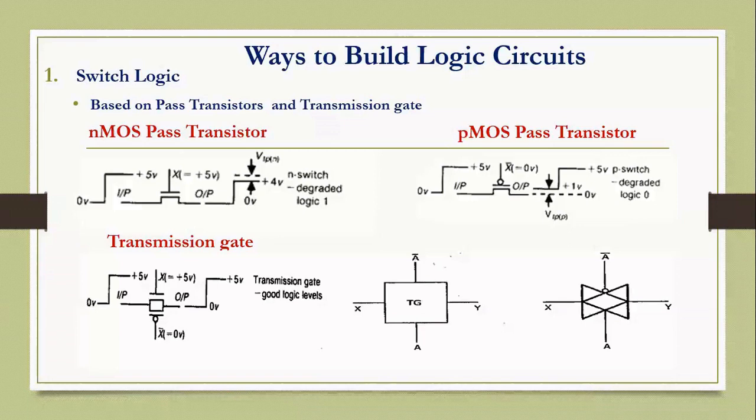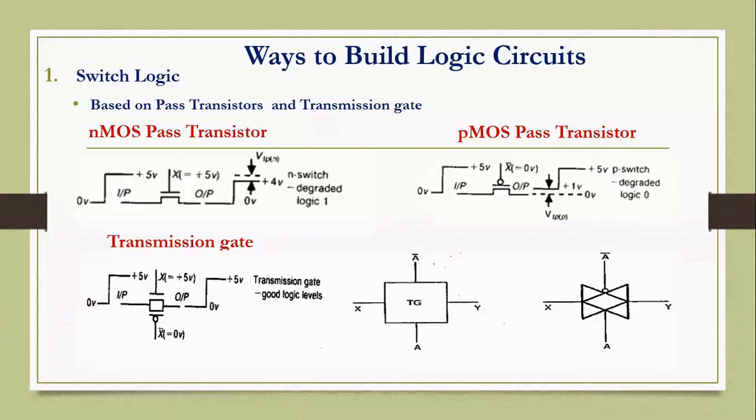The symbol for NMOS pass transistor is shown. In that, we have three terminals: gate, source, and drain. Initially, we'll apply logic 0 to the gate of NMOS, so that the NMOS transistor will be off. If the NMOS transistor is off, then the input will not be propagated to the output.